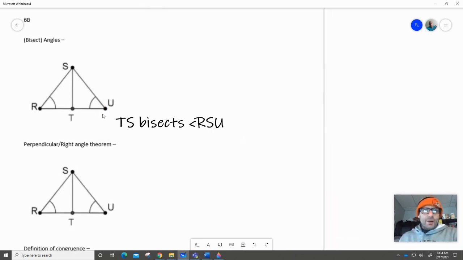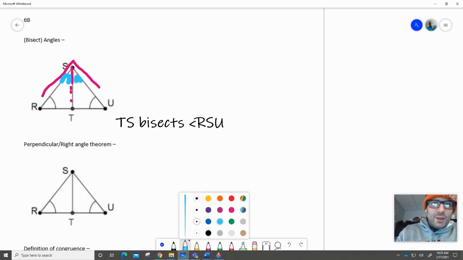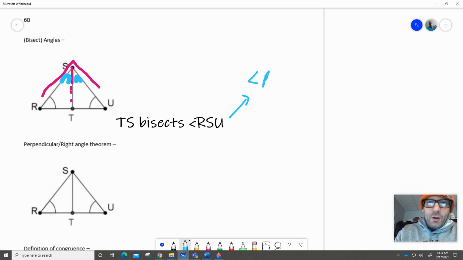Angle RSU is that big angle right there. TS cuts it in half, so now I have two little congruent pieces, RST and UST. So I can say angle RST is congruent to angle UST, again, by the definition of bisect. Bisect, by definition, is to cut into two equal pieces, or cut in half.